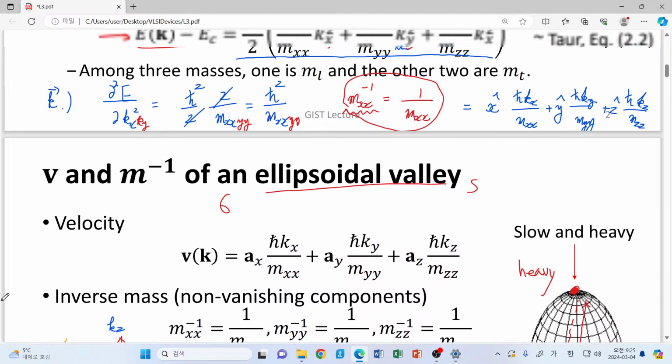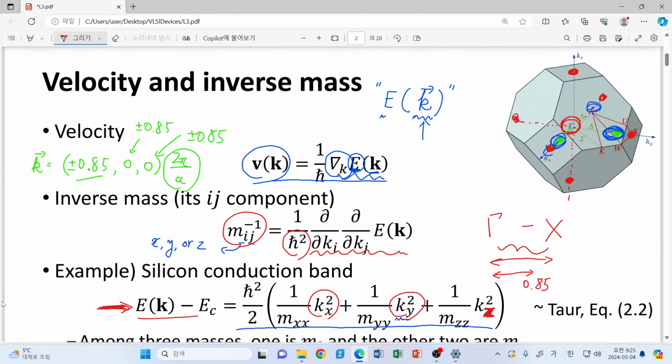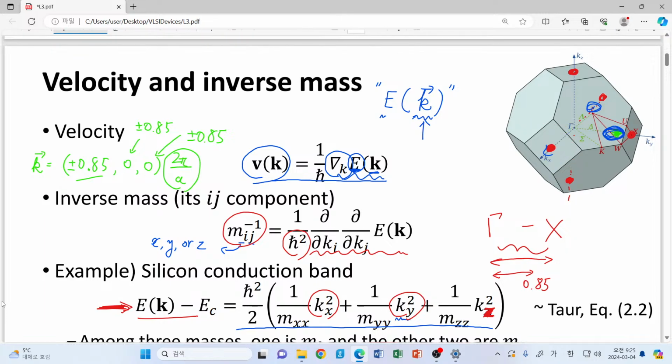So let's visit once again our Brillouin zone. Then what is the position of our X point? The X point is simply given by (1, 0, 0) times 2 pi over a. When you have a look at the coordinate of your X point, do you have any dependence on the real system size?